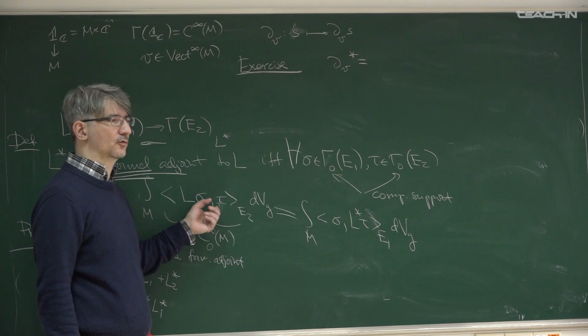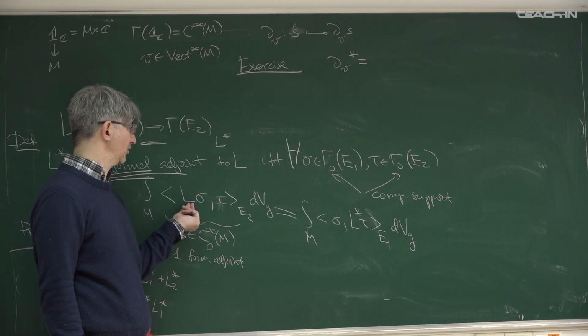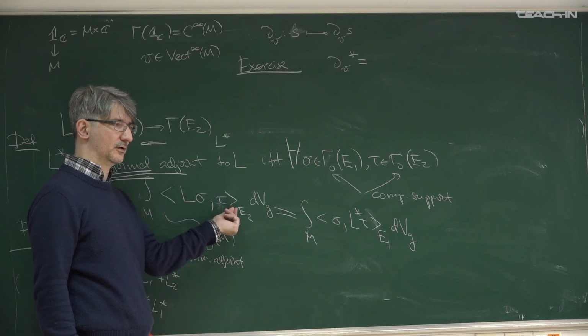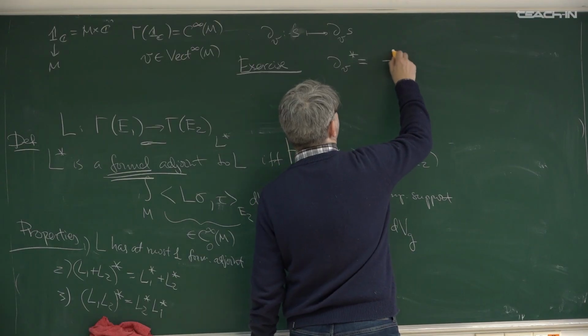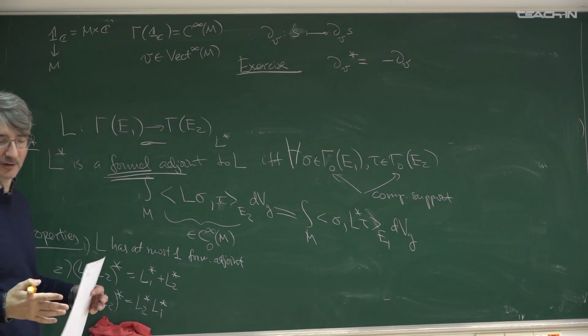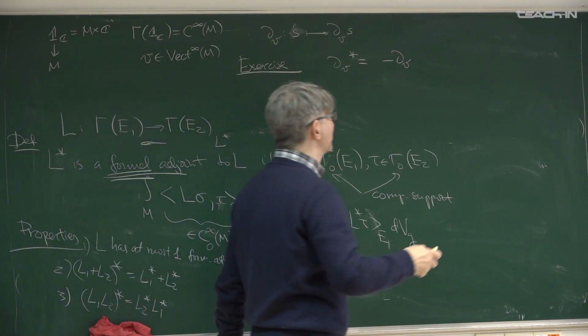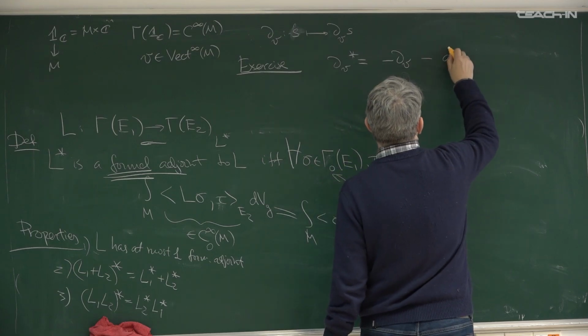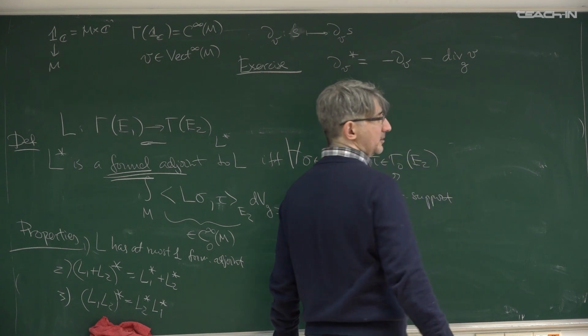So what is the scalar product? It's just the product of two functions. So you need to send one derivative from one function to another. So it's not a miracle that you have here minus dv. But integration by parts contains two summands. The second one is very nice: minus the divergence of the vector field v in the metric G.